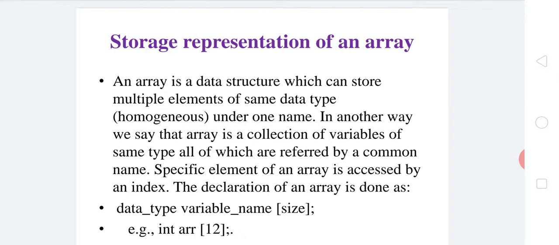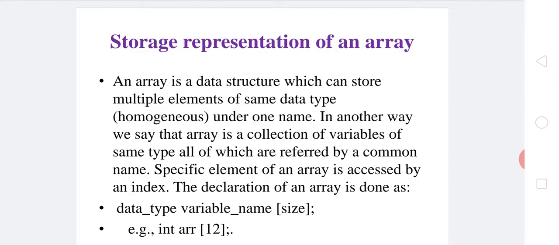The declaration of an array is done as data type, then a space, then the variable name with size. For example, integer is a data type, ARR is the name of the array, and the subscript, which is 5, is the size of the array.